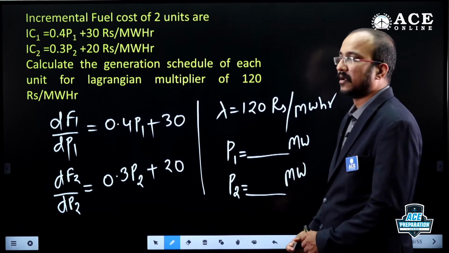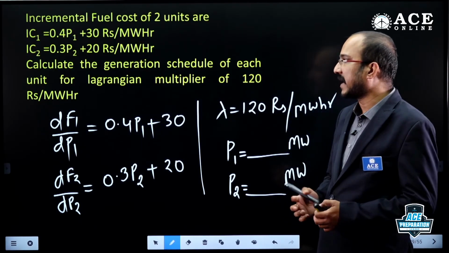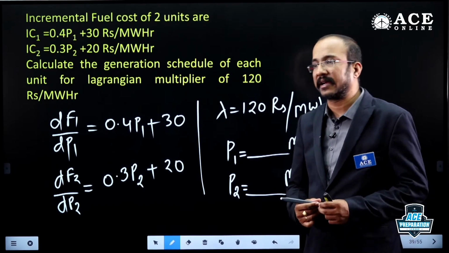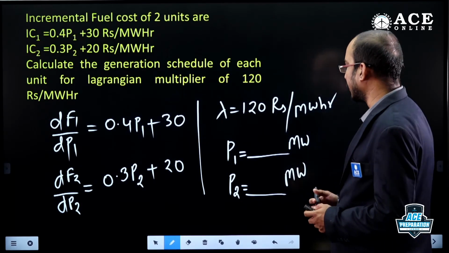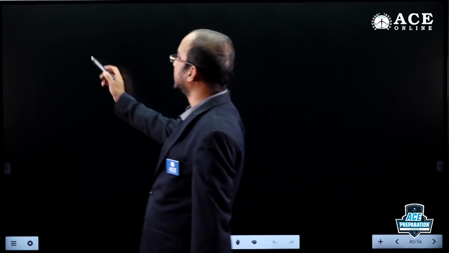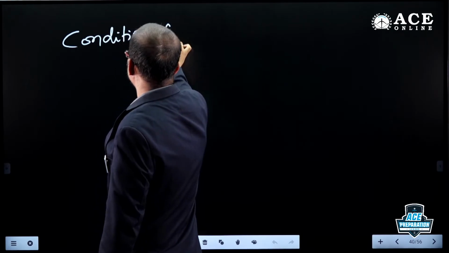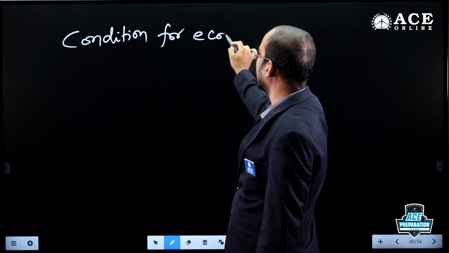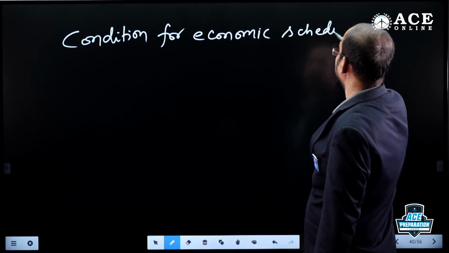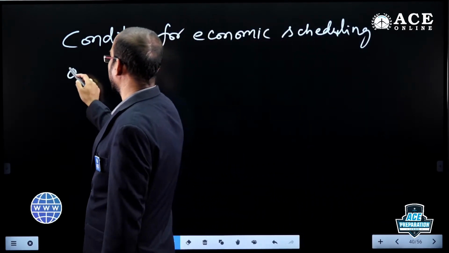So how do you calculate? What is the condition for economic scheduling of thermal plants when transmission line losses are neglected? Any idea?